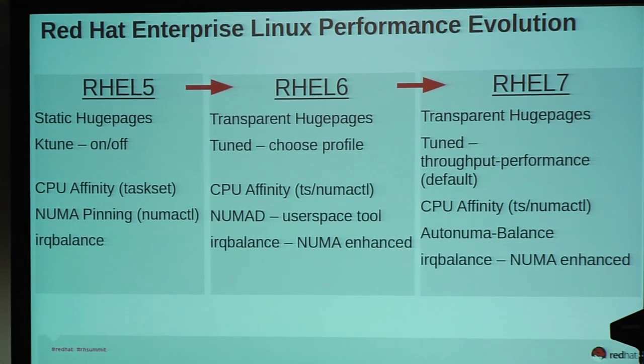You would have to manually tune that. In Red Hat 5, we provided a service called Ktune that allowed you to reset some of the sysctl parameters to more server-like settings, and it was a binary function. So we're going to show you how that's evolved in RHEL 6 with tuned, and you're allowed to choose different profiles to optimize your performance for either latency or throughput.